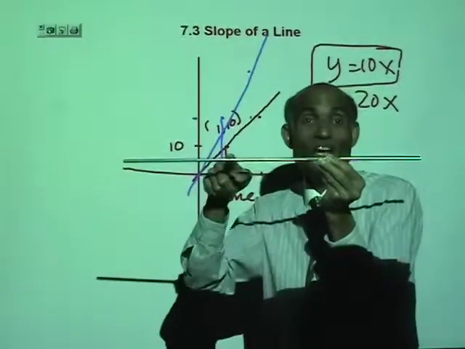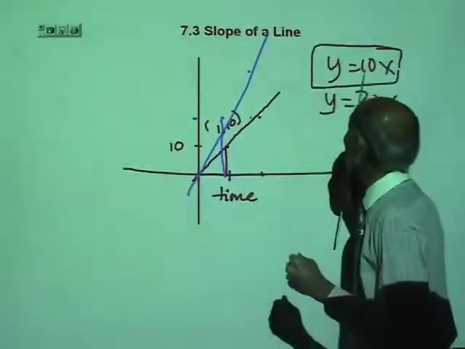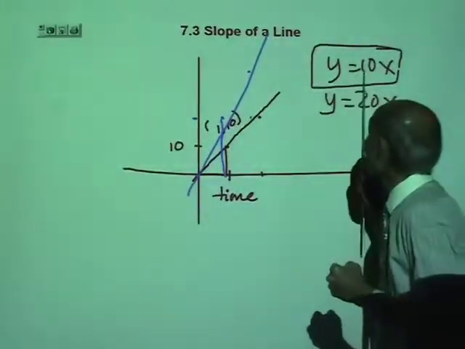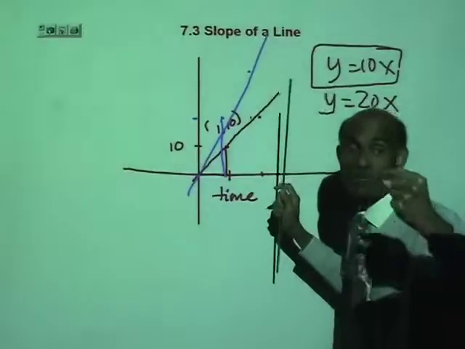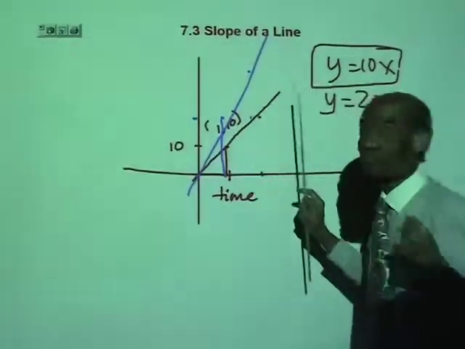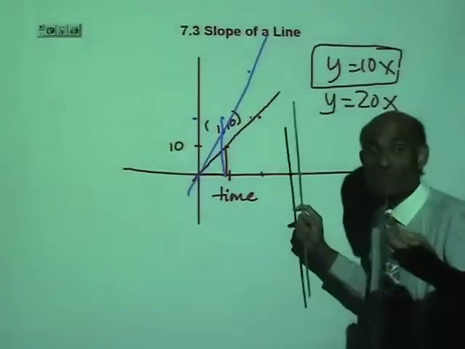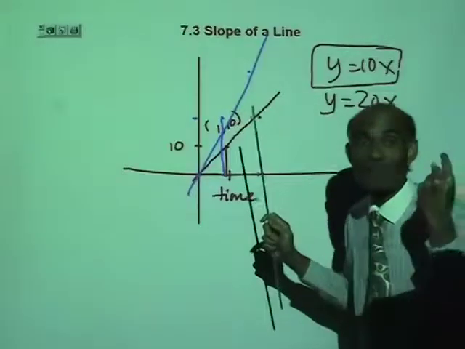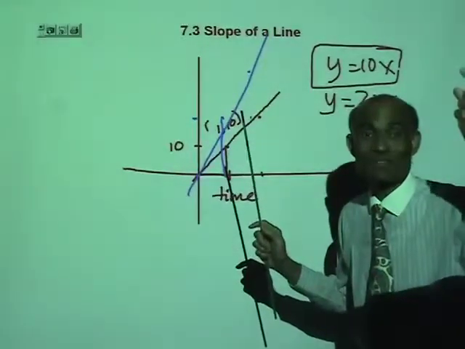You are not earning any money. The slope is zero. If y equal to 10x, the rate of change is 10. Every 1 hour, the money increases by 10. For y equal to 20x, the rate of change is 20. Every 1 hour, the money increases by $20.